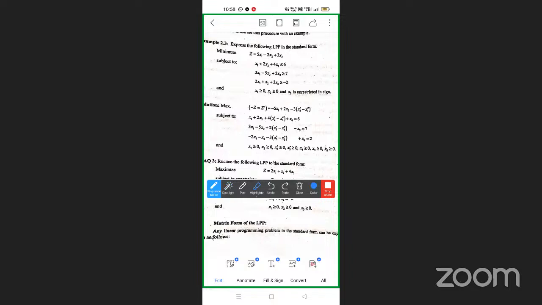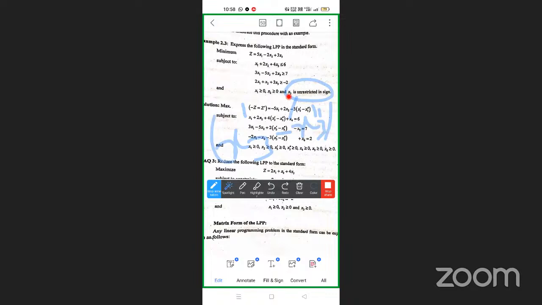x3 is unrestricted in sign. This is a rare case. x3 unrestricted in sign is nothing but we can replace x3 is equal to x3 dash minus x3 double dash. Because x1 is greater than or equal to 0 and x2 is also greater than or equal to 0, but here there is no sign, so x3 may be negative, positive or 0.